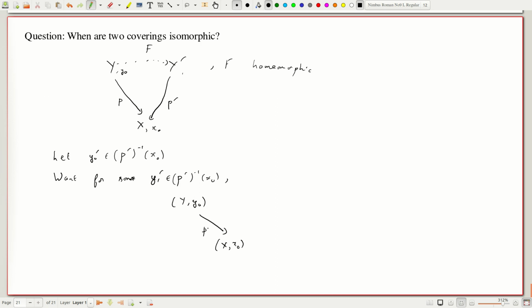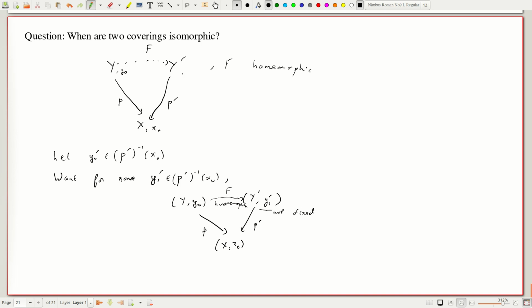This is the map p, and this is the map p prime. And this is y prime and y1 prime. So we temporarily fixed this, and again we want to have f here, and this is a homeomorphism. So this is not a question of asking if the diagram has a solution, because there's another quantifier. This is not fixed. All we know is it's in the fiber.